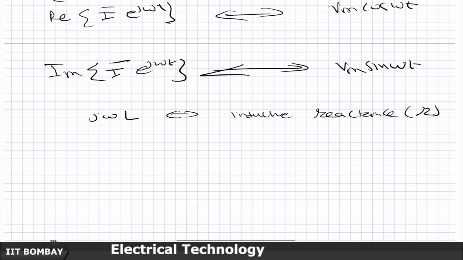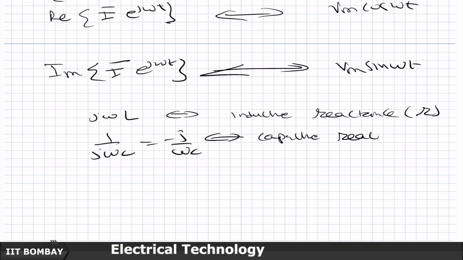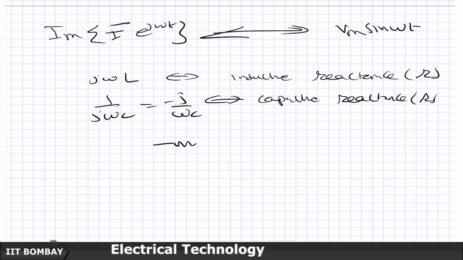Why? Because j is a dimensionless quantity, it is square root of -1. And 1 by j omega C, or minus j by omega C, is called the capacitive reactance, again in ohm.